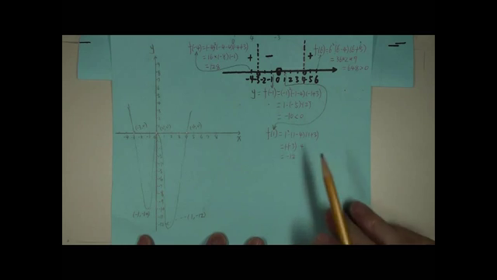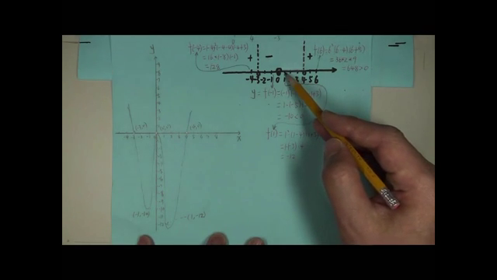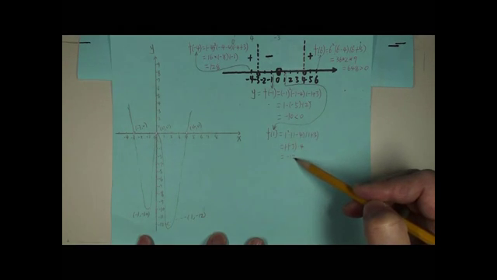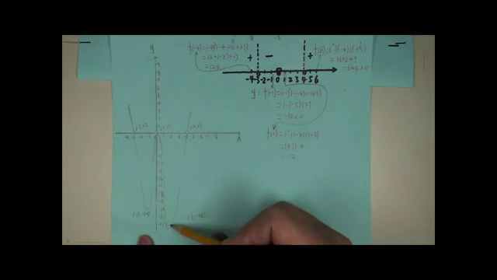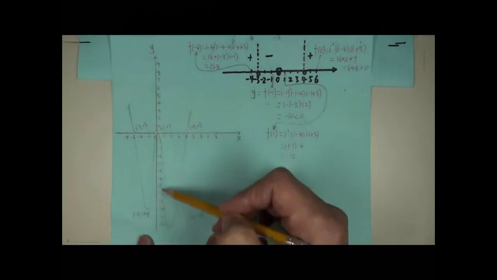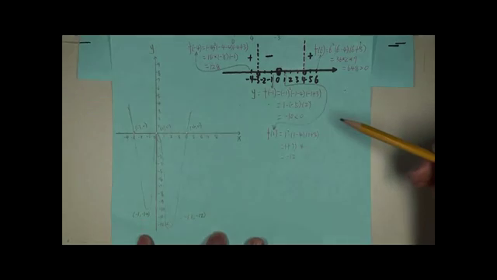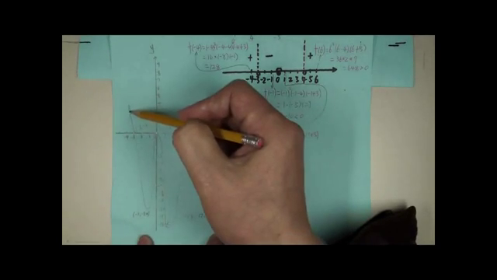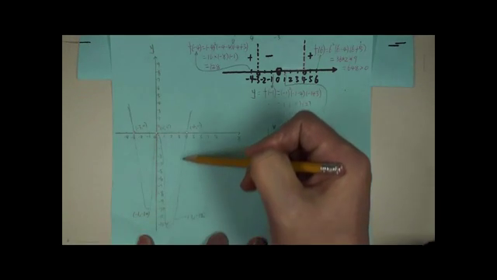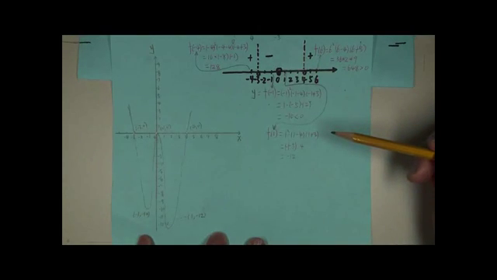Previously, we also tested 1. Put 1 here as the x value, you get -12. So 1, -12 is here. So you have actually 5 points. You connect those 5 points with a smooth line, then basically you have the impression of how it looks.